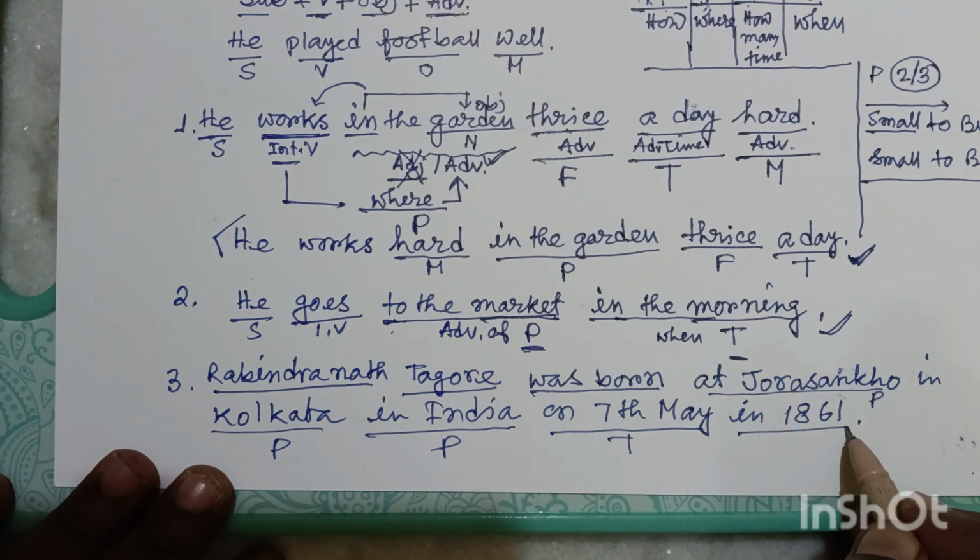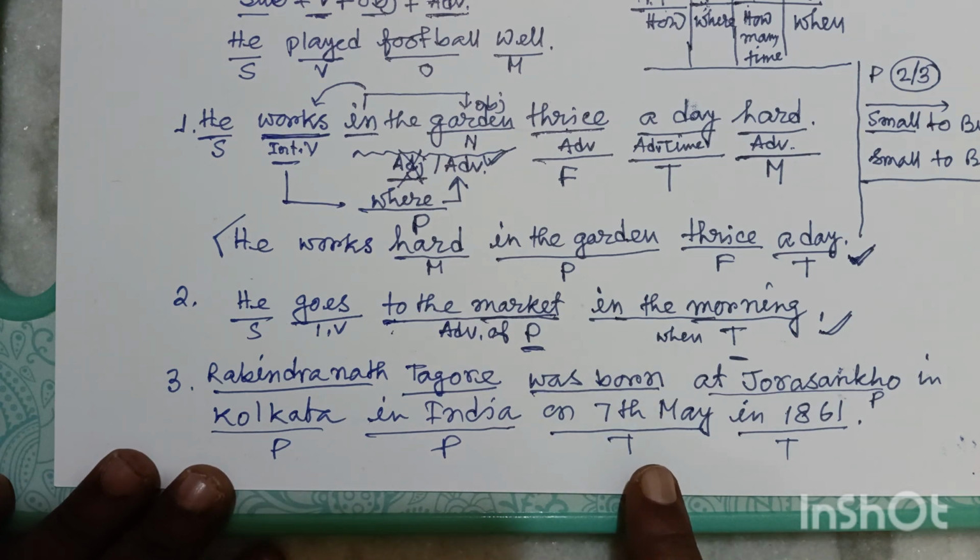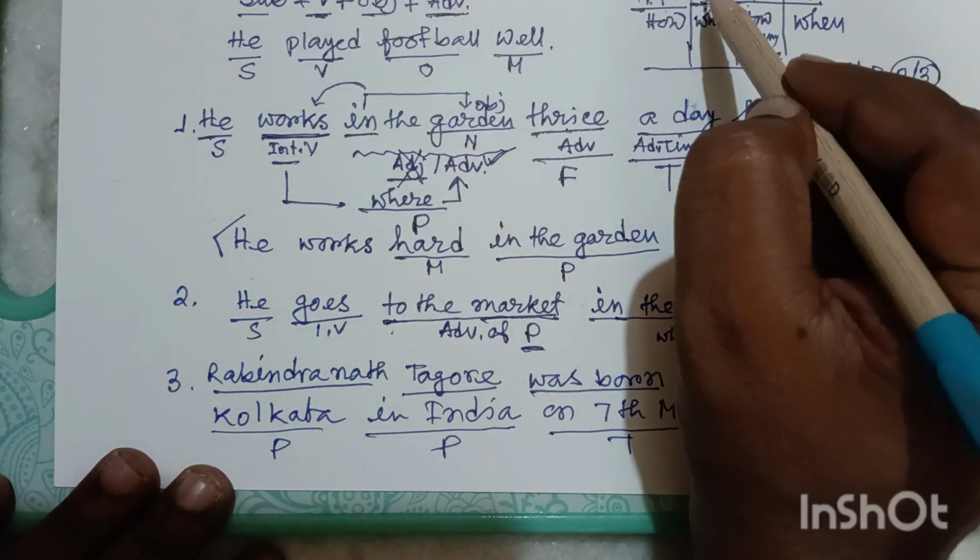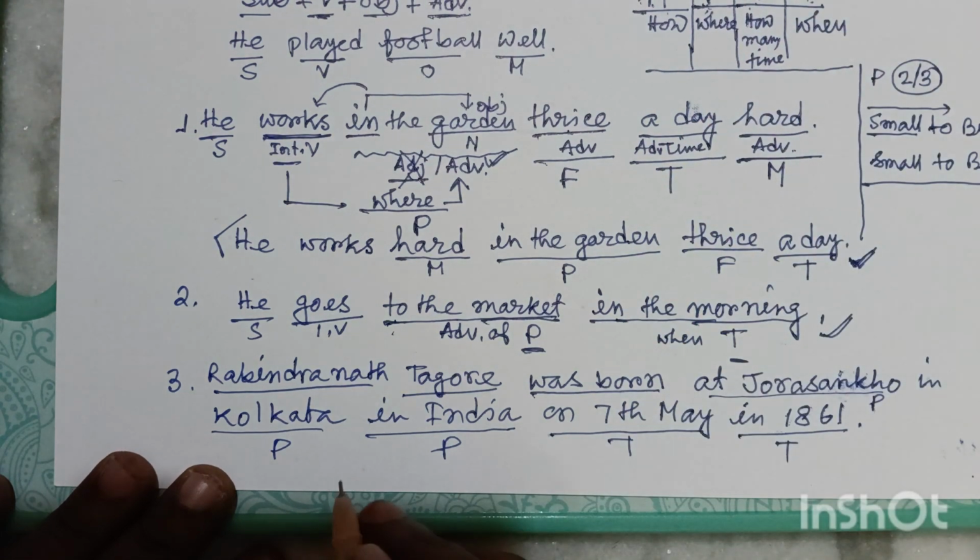In 1861, that is also time. Here you can see there are more than one adverb of place and more than one adverb of time. So first of all, we have to write down place, P, then T. So place, but three places are there.